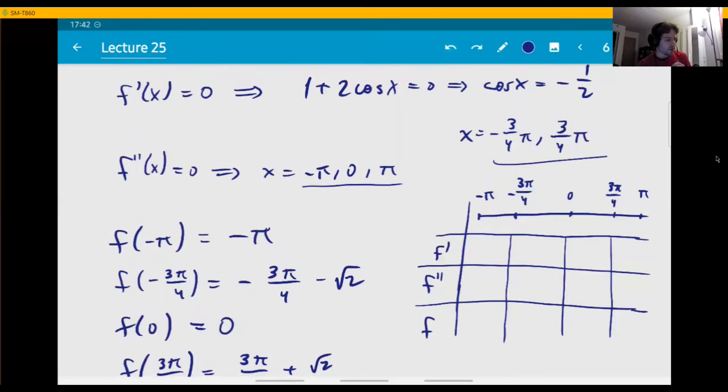So you do this analysis. Let me copy it from my notes. You're going to find minus plus plus minus and plus plus minus minus, giving you the general shapes like this for your function f.